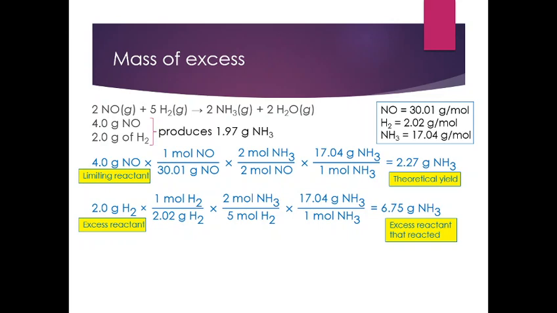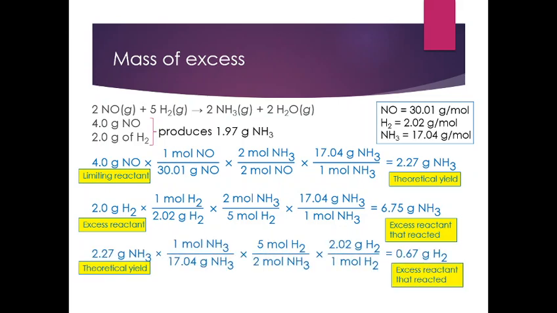This is where you can figure out the amount of excess reactant that is going to be left over. If you take your theoretical yield and convert it back into the limiting reactant, that's a waste of your time. But if you work it back into the excess reactant, you are going to be able to determine the excess reactant that actually reacted.